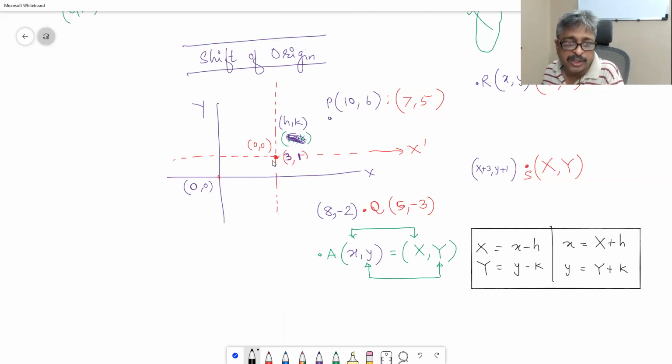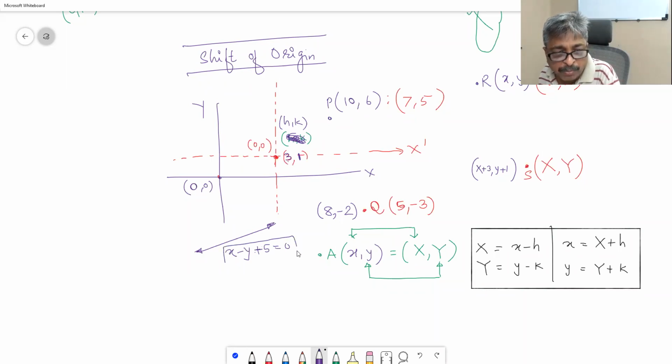In 3 comma 1, when origin is shifted to 3 comma 1, the original equation of straight line in this was x minus y plus 5 is equal to 0. There was a straight line in XY plane when origin was here and it was looking like this. Now origin is shifted to 3 comma 1. How will the algebraic equation of line look like?